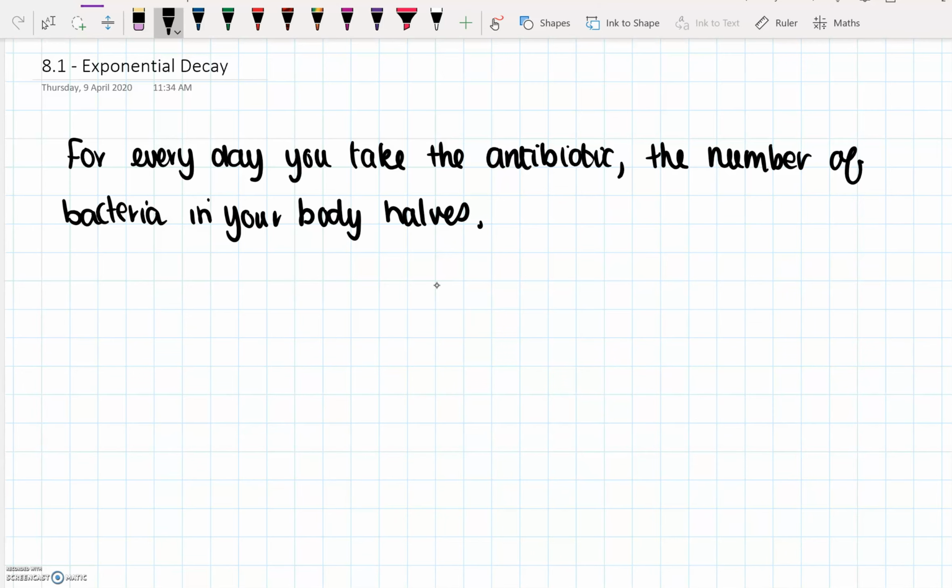So every day that you take this antibiotic, the particular bacteria that it attacks, it halves every day.